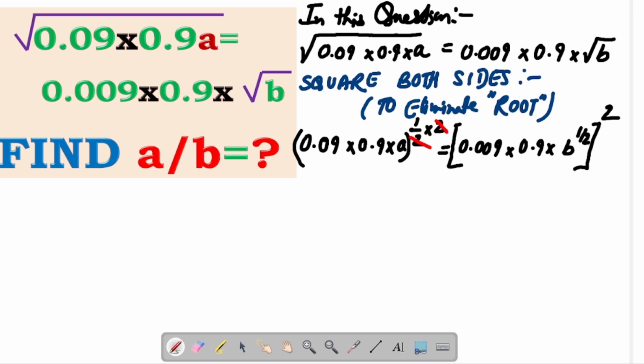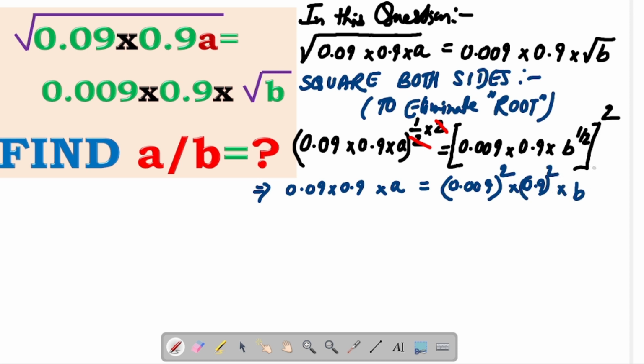This elimination is done, and we are left with 0.09 into 0.9 into a is equal to 0.009, taking the square of each term on the RHS, into 0.9 square into b power 1 by 2, since it was a root earlier, and the square will be there again, so this 2 will be cancelled out and we are left with b.